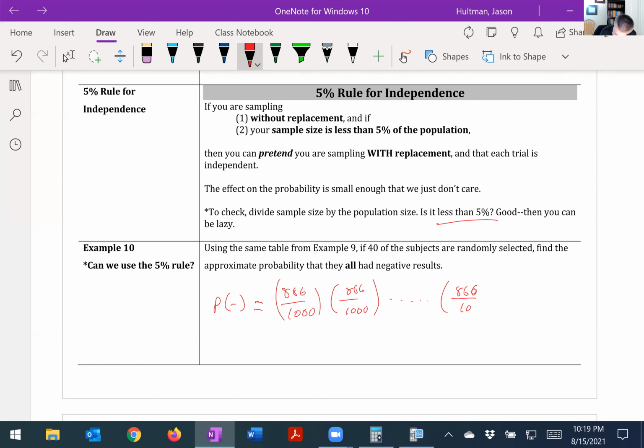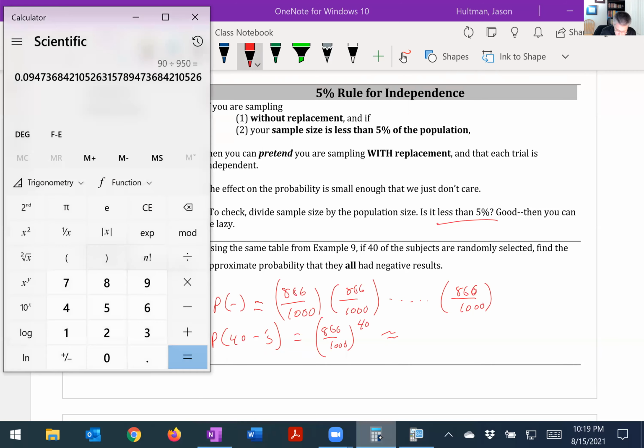How do we multiply something really fast? We use exponents. So the probability of 40 negatives is going to be 866 over 1,000 to the 40th power. The calculator will do that for us very quickly. 866 divided by 1,000, I'm glad we have calculators, is 0.866.